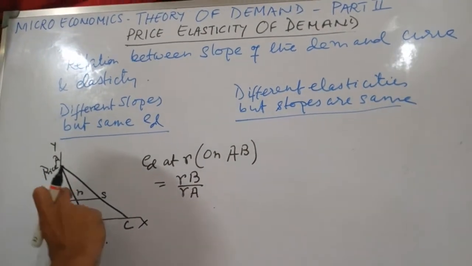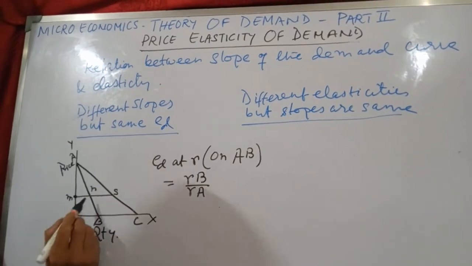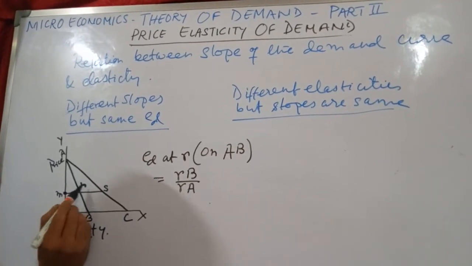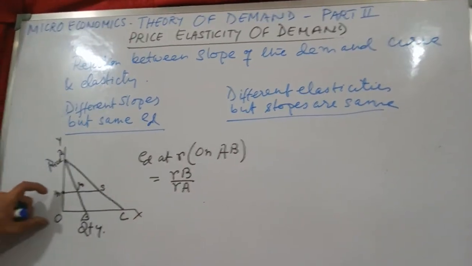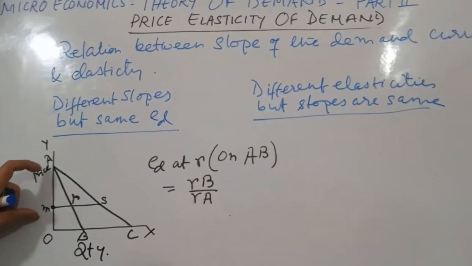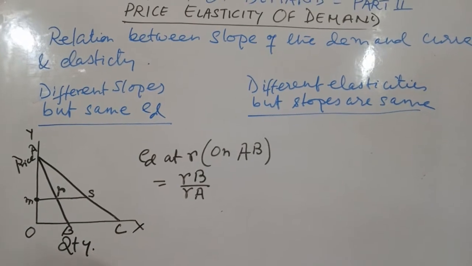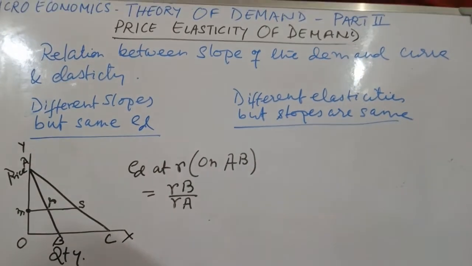Now RB by RA equals OM by MA, that is the property of a right angle triangle.